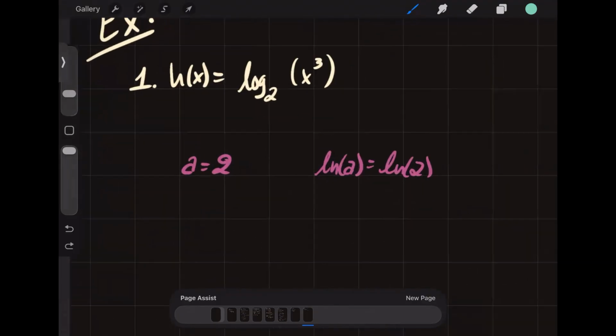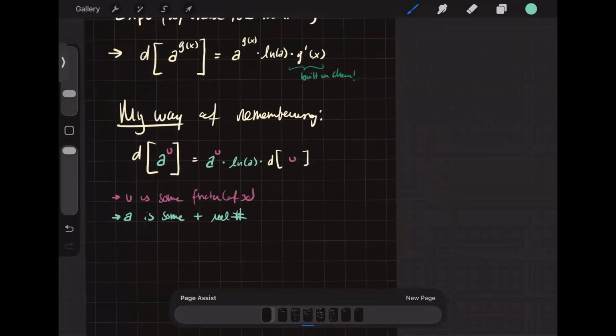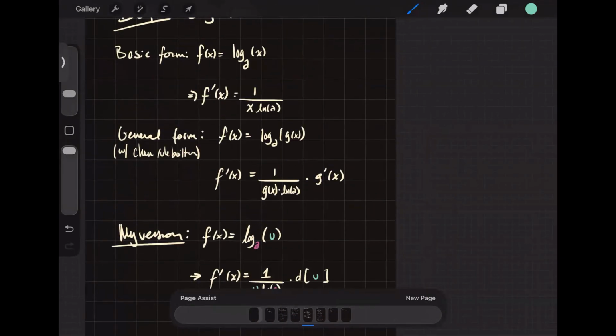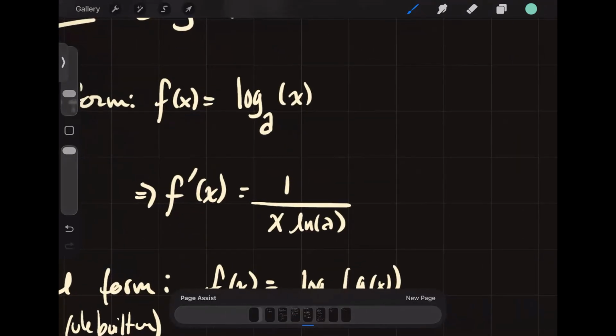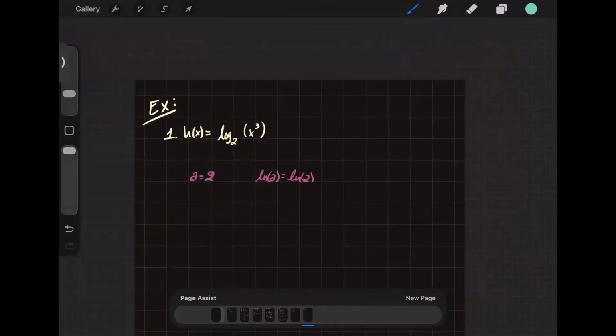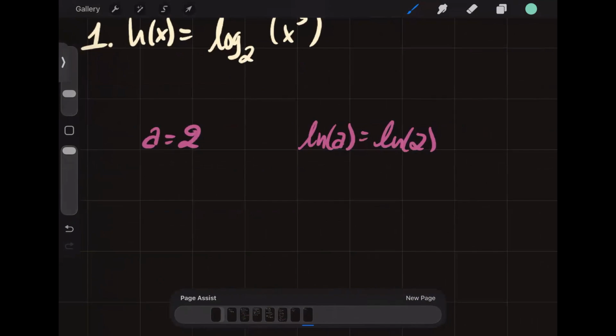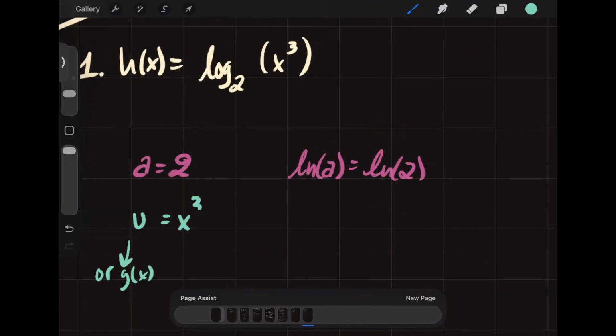Let me make sure I didn't lie to you guys and it's consistent. Let's say my u, or g of x, it's the same thing, is equal to x cubed. Then du, or g prime, is equal to 3x squared.